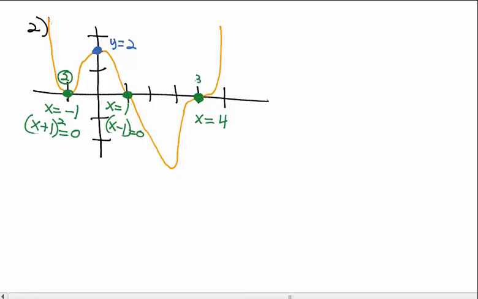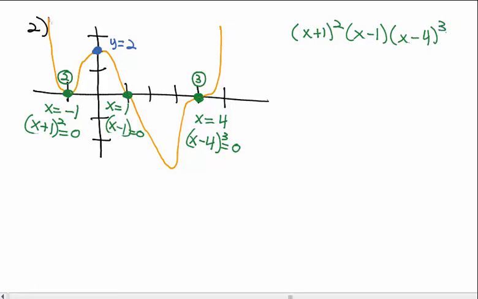Because it levels off, we know we're probably going to need to cube this factor. So when we subtract 4 and say it equals 0, we also need to make sure that factor is cubed to give us that illusion of leveling off. So the first is x plus 1 squared, then we had an x minus 1, and then we had our x minus 4 cubed.